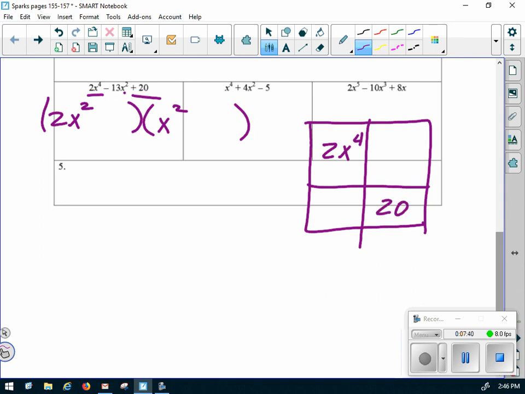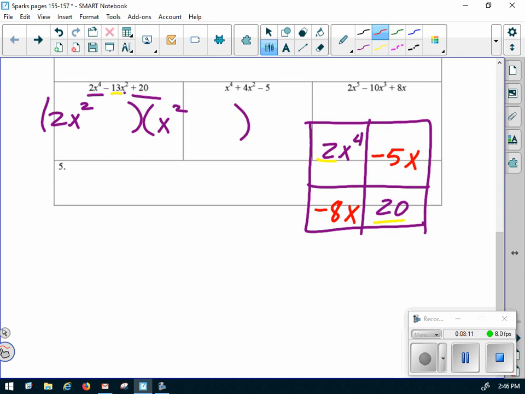And then I say, I need 2 numbers that multiply to give me, what's 20 times 2? 40, but add to give me negative 13. Can you come up with any? Yep. And I'm going to put those in those 2 boxes. Now, does it matter which? No, not a bit.